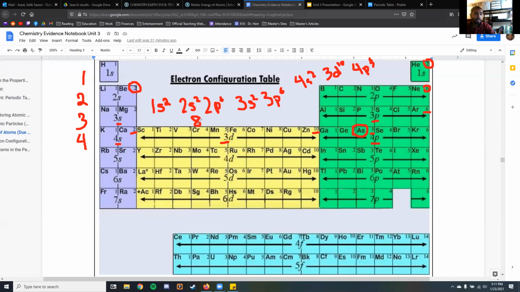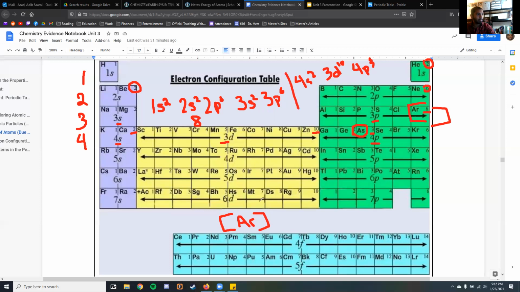Next, I talked about a shortcut method, and to do the shortcut, you just look at the last time the previous energy level was complete. So we're looking at 3p6, so you take argon and you put it in brackets. And then you just go on from there, right after 3p6.